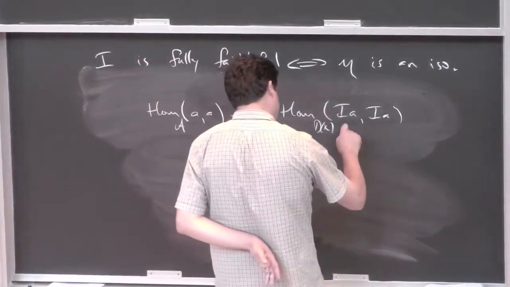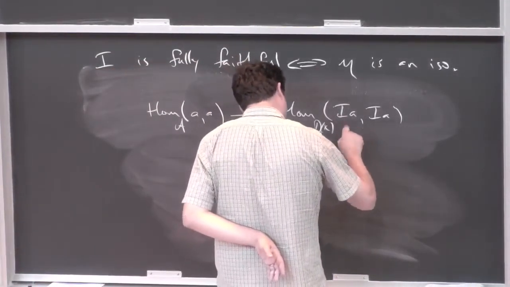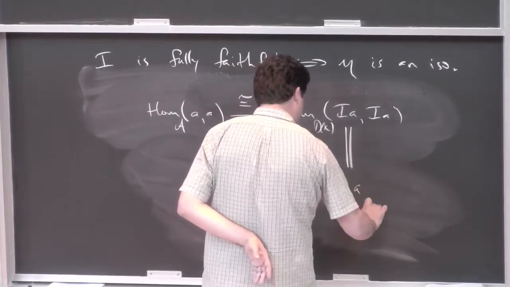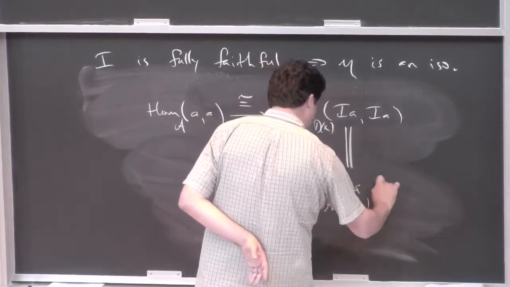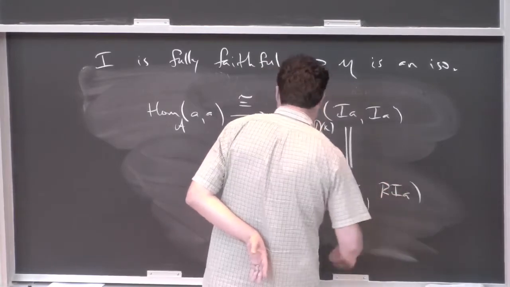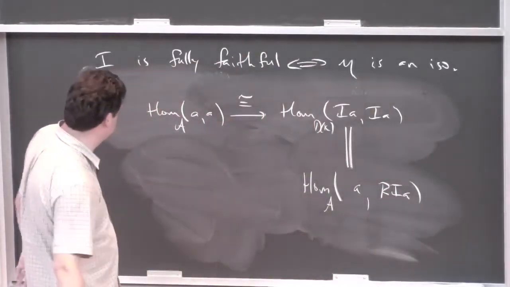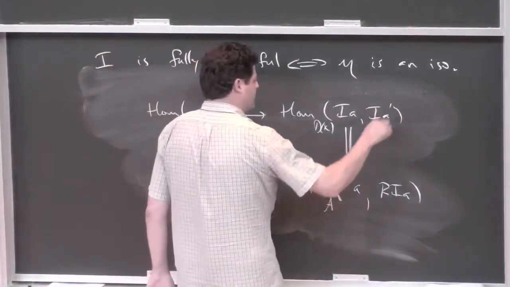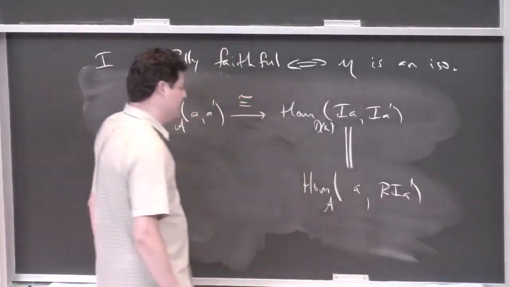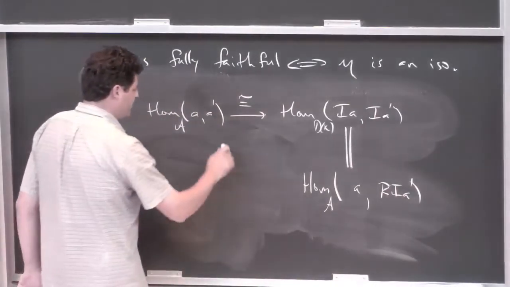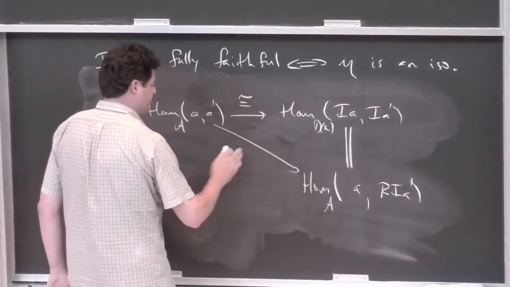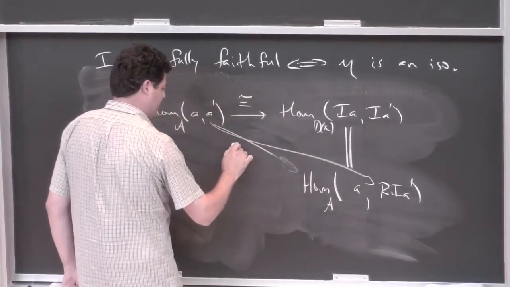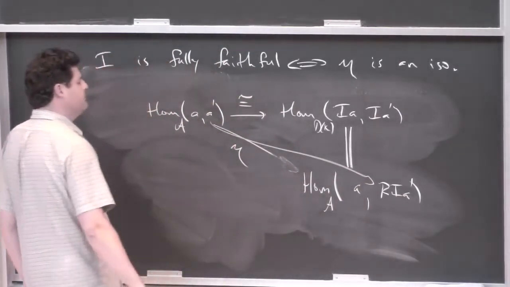And this is Hom in A again from A to RIA. Or sorry, I should maybe call this one A prime or something. So this map is the one given, it's induced by eta right there.